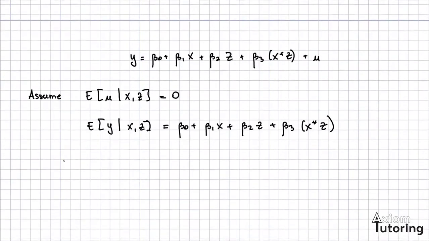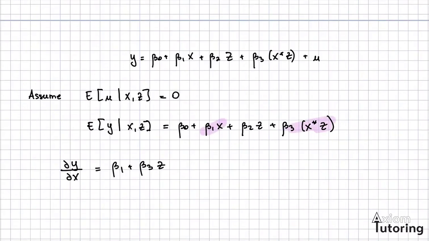If we decide, as usual, to take the derivative of y with respect to x first, that will give us a derivative that is simply beta 1 plus beta 3z, because these two items in here are the only ones that have an x attached to it.